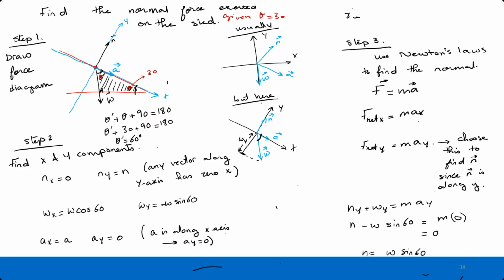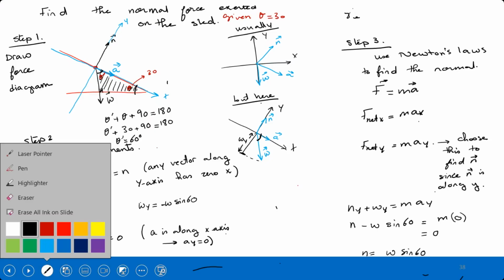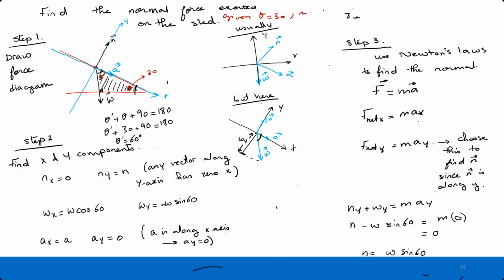If the mass is given, let's put a given for the mass. Let's say m is 2 kilograms. So I can now easily calculate 2 times 9.8 times sine 60.